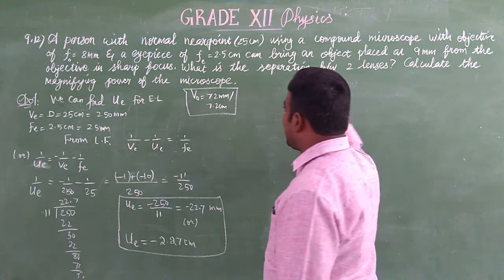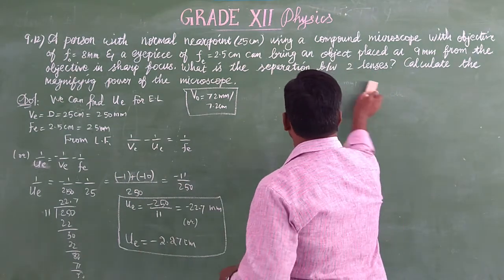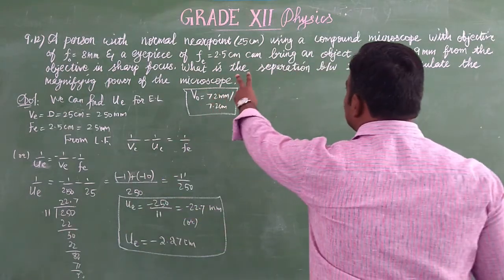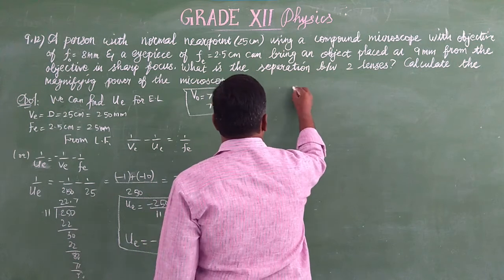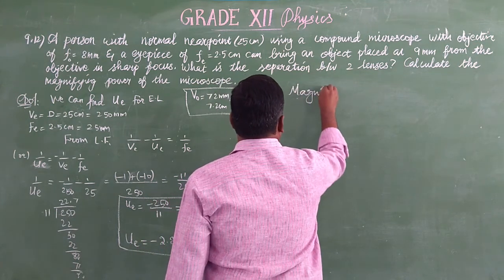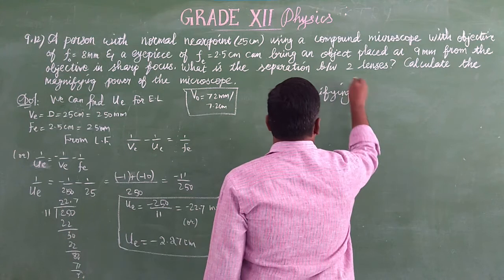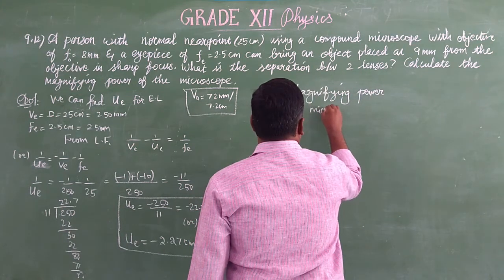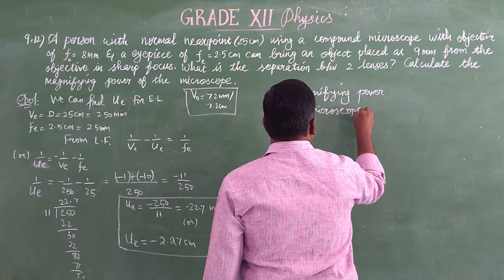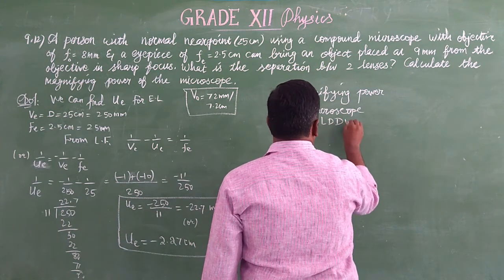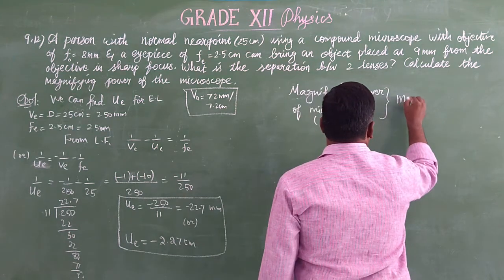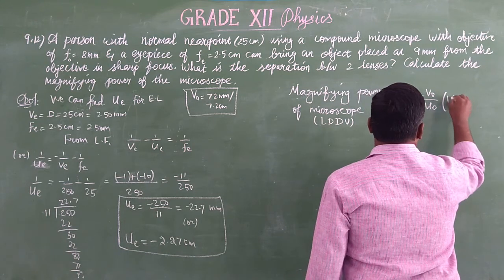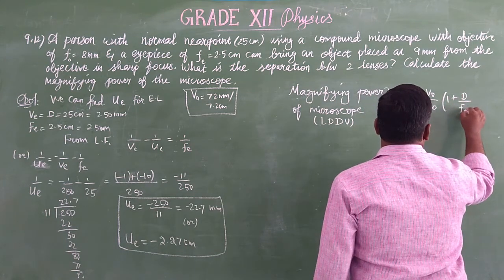Next they are asking us to find the magnifying power of the microscope. Already we know, for the least distance of distinct vision condition, the magnifying power of the microscope is m equal to minus V naught by U naught into 1 plus D by FE.